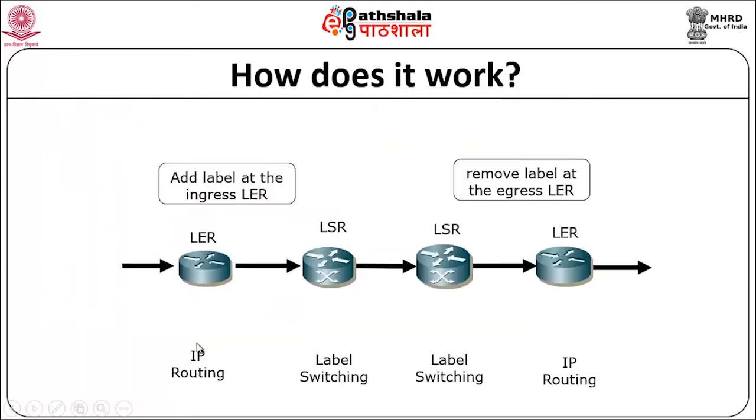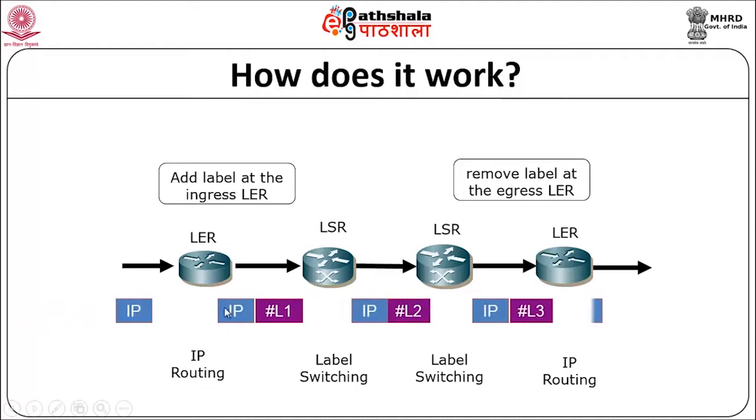So, how does this whole thing work? As I said, you have an LER at the two ends and maybe multiple LSRs in between. Okay. So, this LER is our ingress LER. This is responsible for adding a label to the packet, and this LER is responsible for removing the label from the packets. So, once an IP packet comes in, this is what will happen. The IP packet comes in, and the label L1 is added.